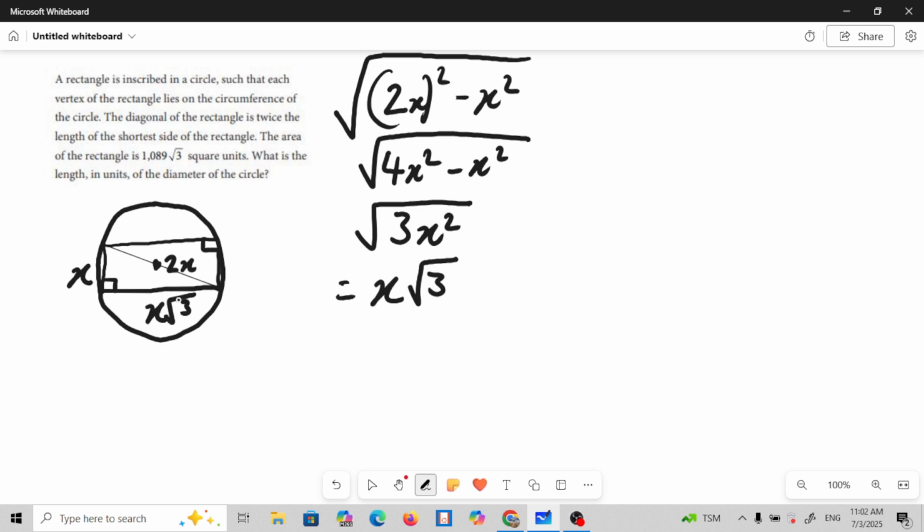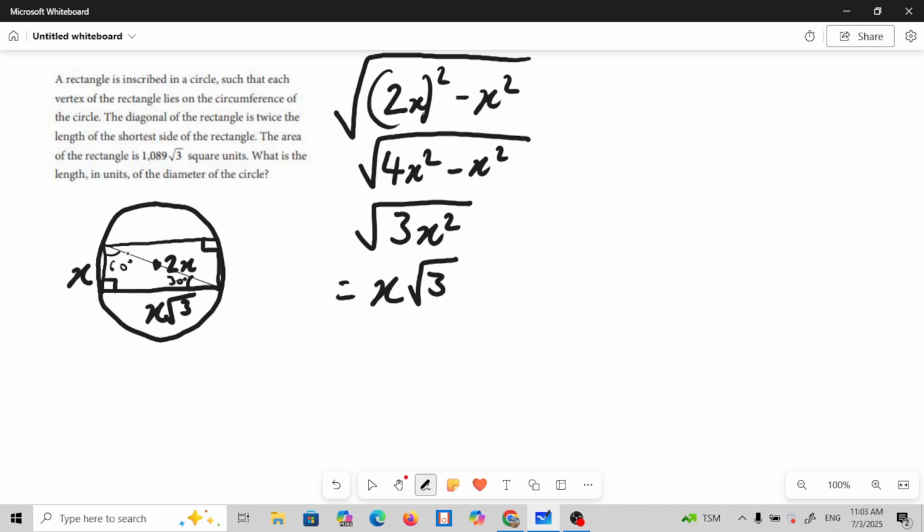We can also compute this using the 30-60-90 triangle rule, okay? Because the hypotenuse length is twice the length of this side length right here, this side of the triangle is half the hypotenuse length. So this angle is going to be 30 degrees right here, and this angle right here is going to be 60 degrees. The side opposite 30 degrees is going to be half the length of the hypotenuse, but that was given to us in the question itself.